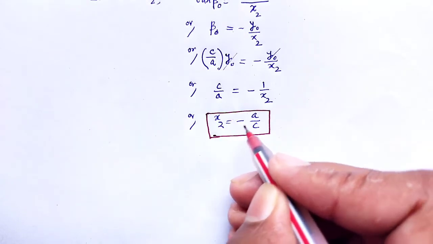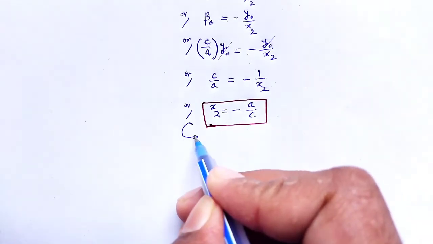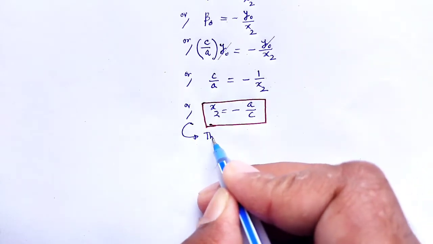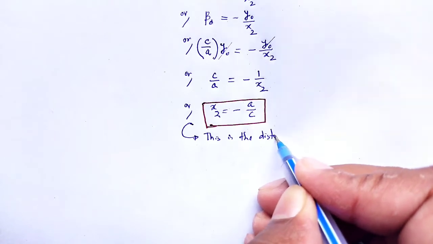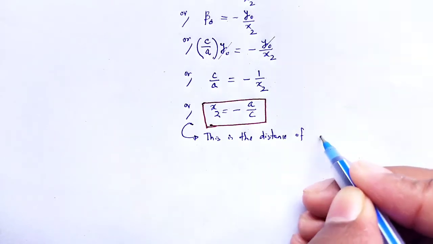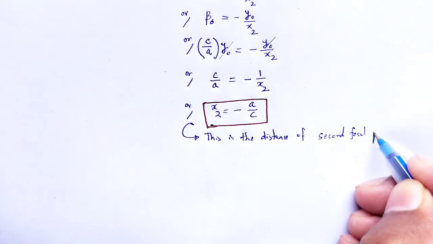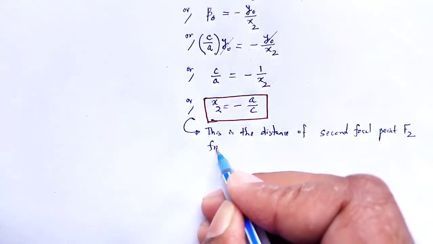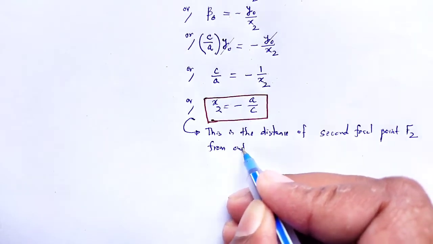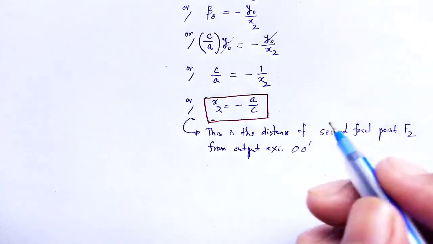Now x2 in terms of system matrix components is the distance of the second focal point F2 from the output axis O dash.